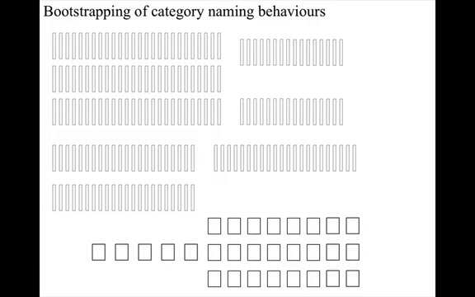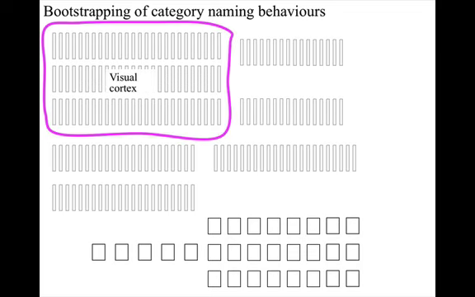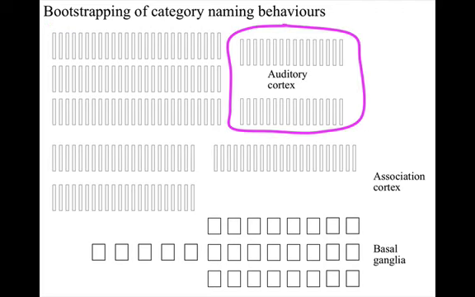So let's have a look at how genetic information and appropriate external guidance can interact to develop category naming behaviors, and I use this conceptual architecture. In the architecture there are visual cortical areas, and they have receptive fields in different areas able to discriminate between different types of visual situations.